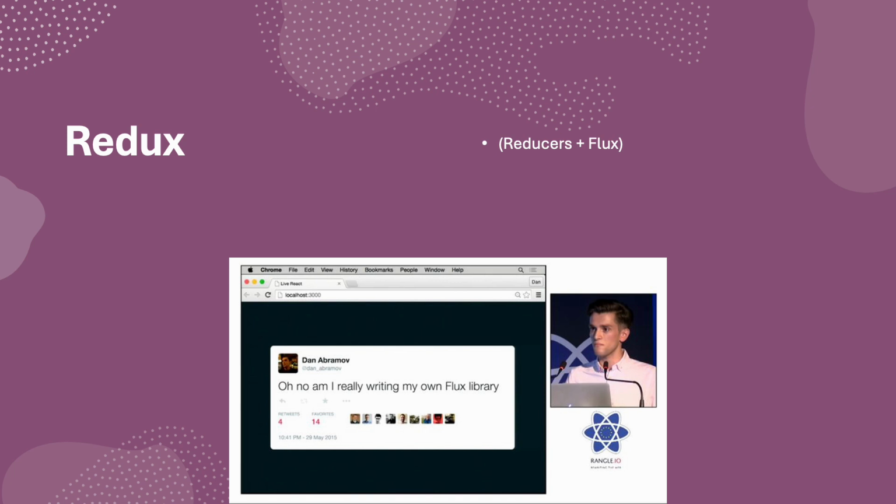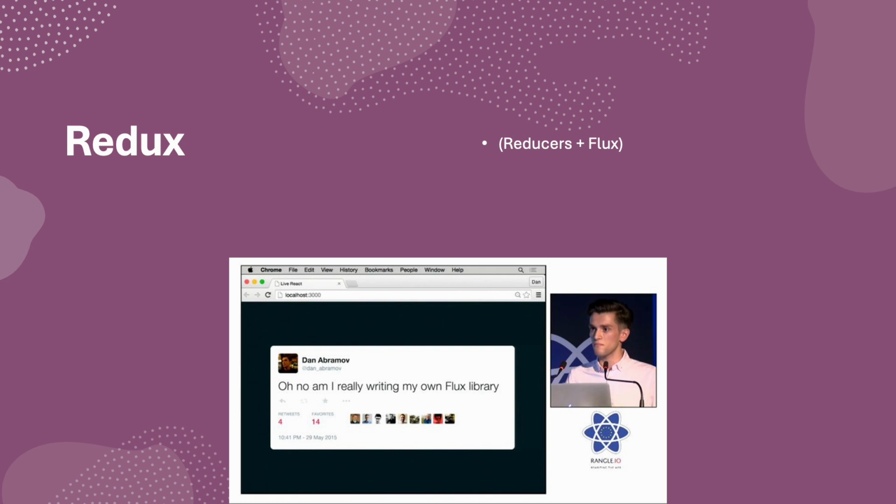So here comes, shortly afterward, the main part of the video, Redux. Dan Abramov was looking for ways to improve the developer experience of building React apps. After building React hot loader for viewing changes to React code without refreshing the browser, he discovered that it didn't work with Flux.